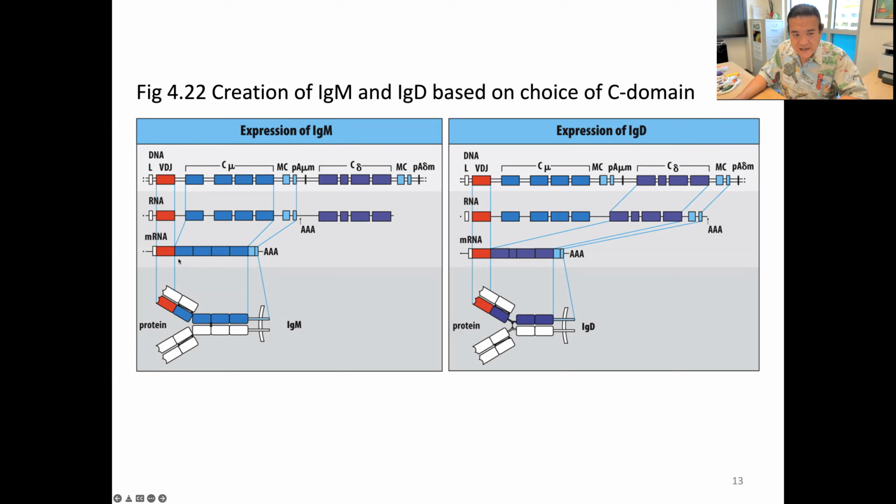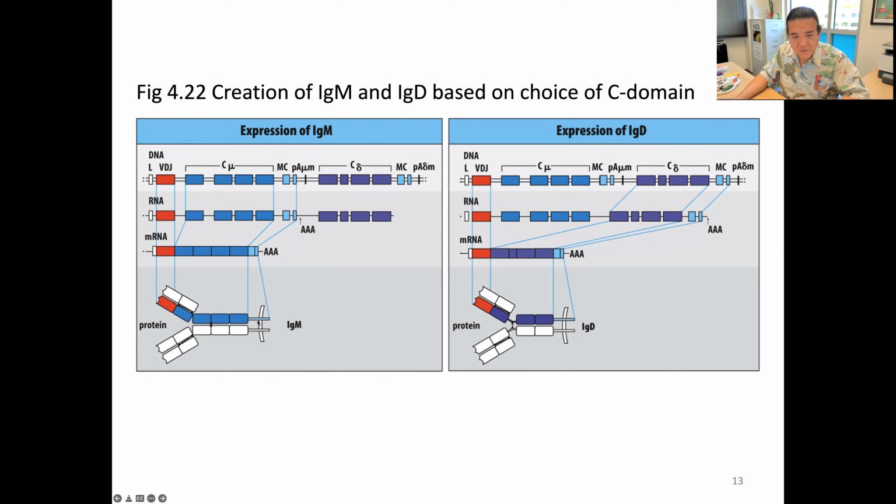If it does that, then the resulting mRNA that gets made is this variable region with the constant mu region, and that's what gets translated into the actual heavy chain. But if you instead chose the purple delta blocks and added it onto the selected VDJ red region here, then you'd end up with an IgD.